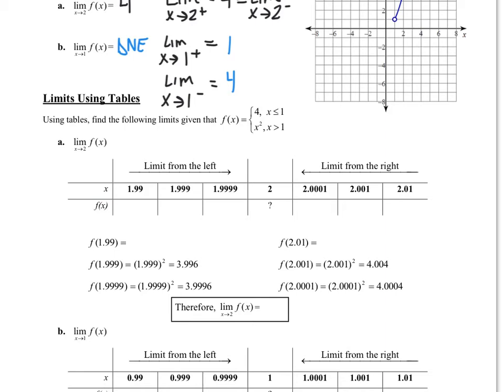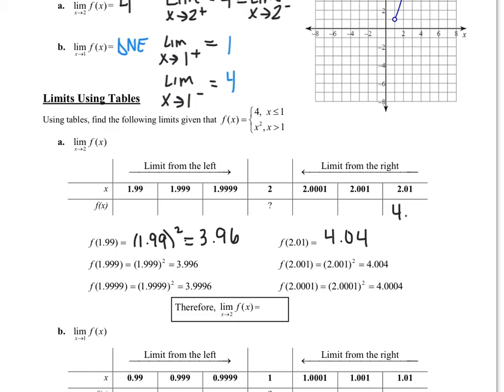Okay, so these are the numbers that I got when I did 1.99 squared. I got 3.96 if I rounded to the nearest hundredth, and this one I got 4.04.